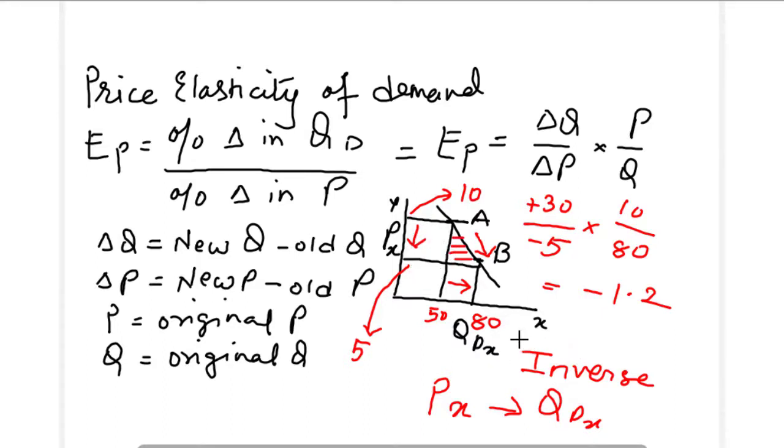This fall in the price explains to us that the relationship between price and quantity demanded is inverse. However, the elasticity of demand remains at minus 1.2.